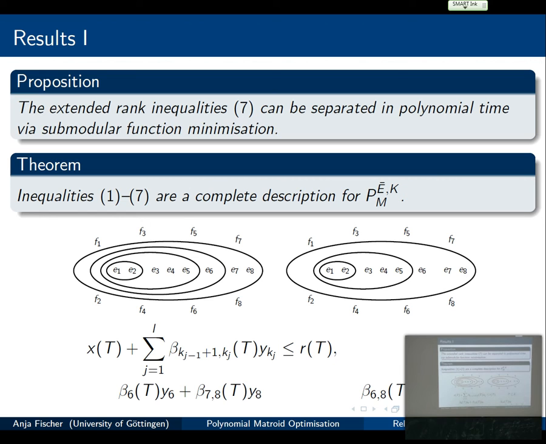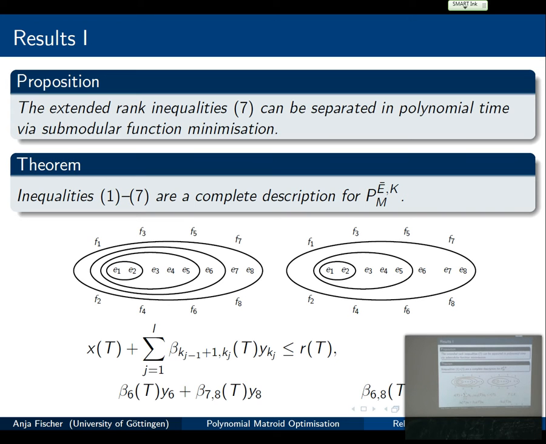And maybe some picture that was a bit surprising for me. We can nicely go from one polytope to the next polytope. So let's consider these 2 nested monomials. So that's the first problem, and that's the second problem. And here just the monomial of degree 6 is missing. And then the only thing you have to do for going from one to the other monomial problem is just adapt the linearisation.